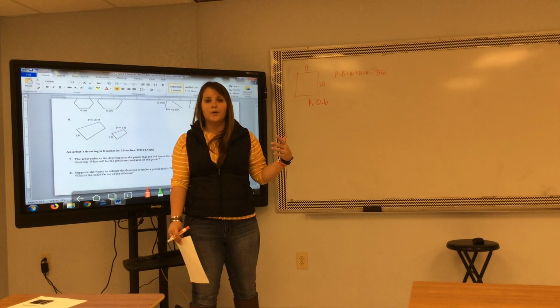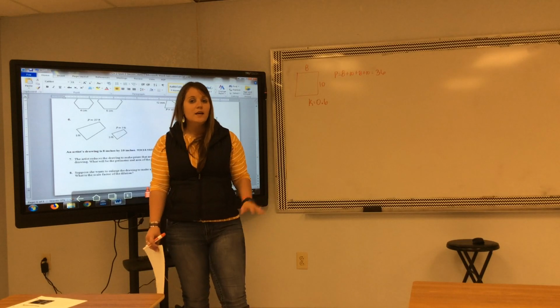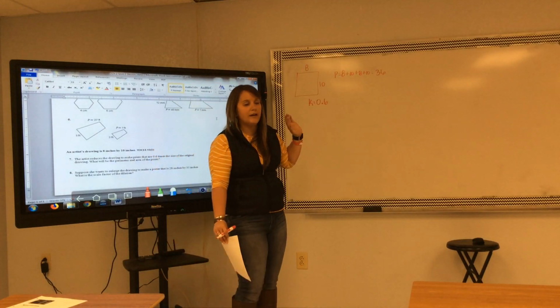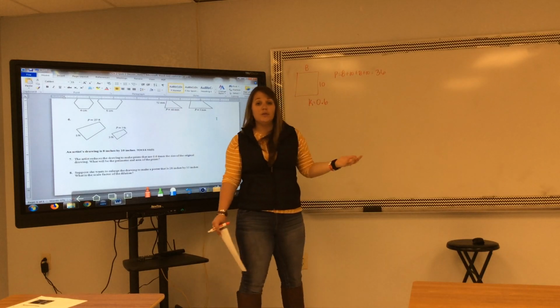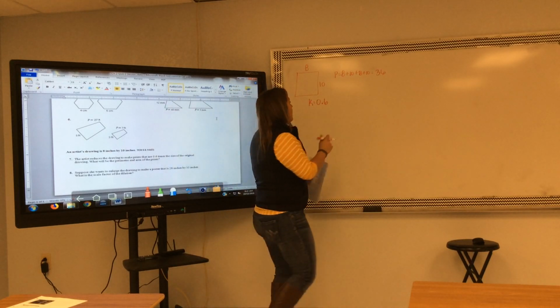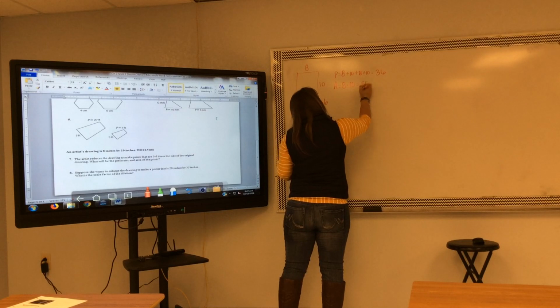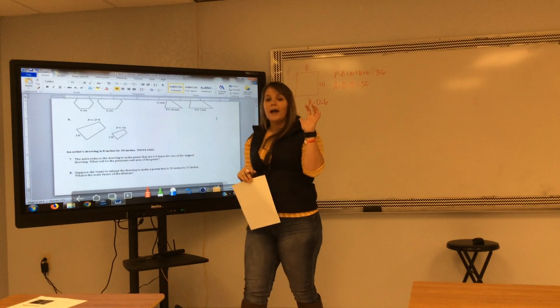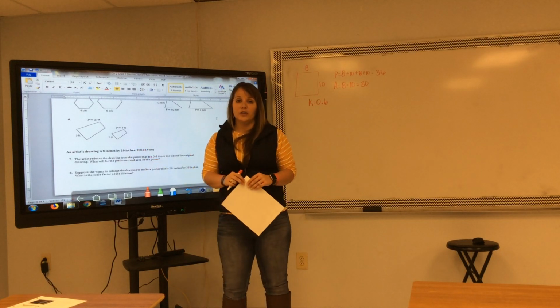When you want to find perimeter of triangles and other irregular shapes, you just add up all the sides. So for the most part this year, anytime we do perimeter, I'm just going to add up all the sides. But you can choose to use those formulas when they fit in a situation like this. And then the area, we do length times width, so that's 8 times 10, which is 80.